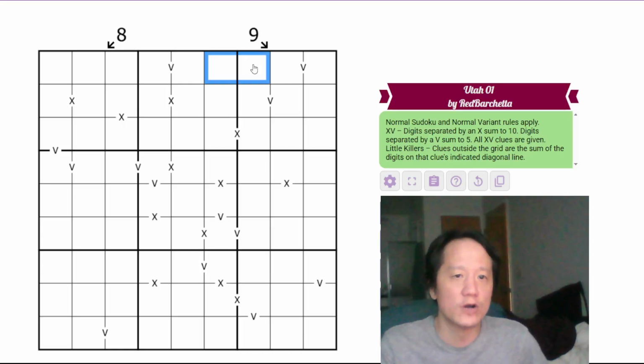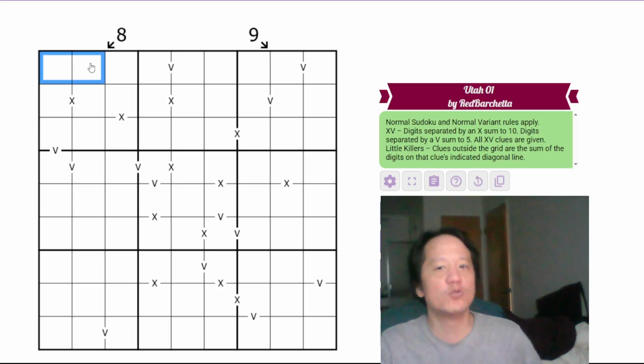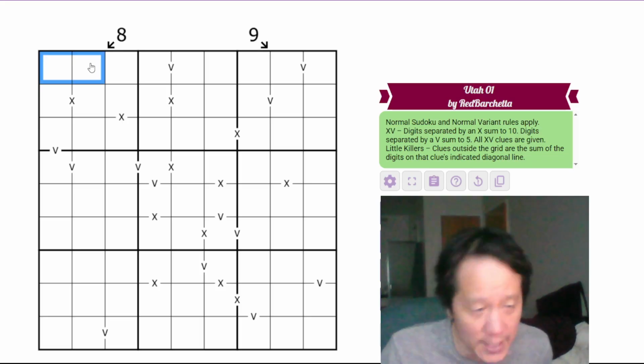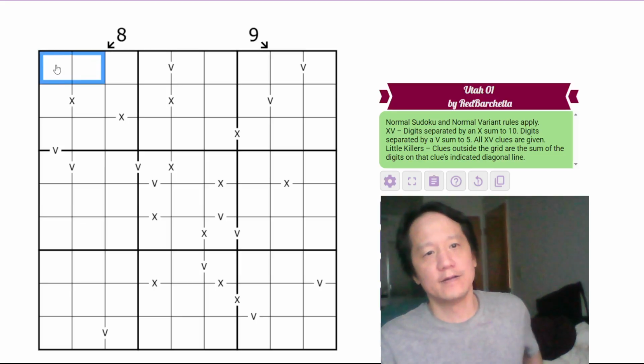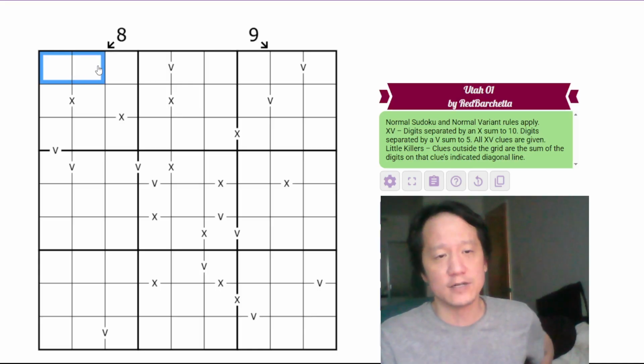Therefore, if we do not have an X or a V in between two cells, they can never add up to 5 or 10, because it would necessarily have to have an X or a V in between them if they did. So that's what the negative constraint means, and specifically for the X and the V clues, that's what it means here.